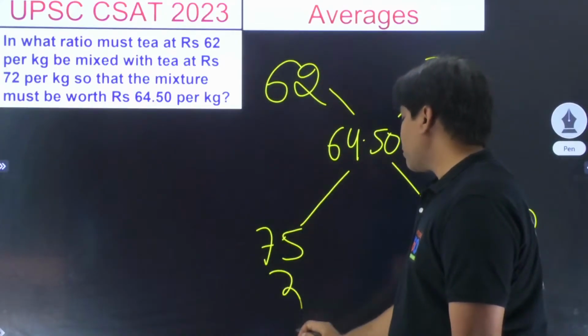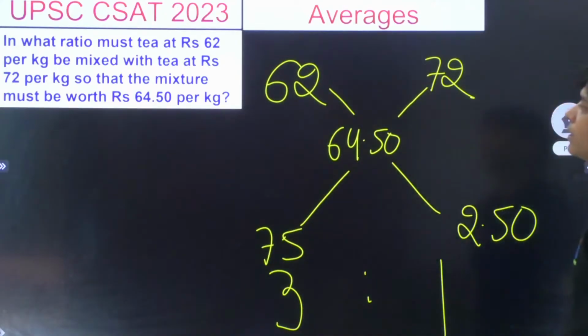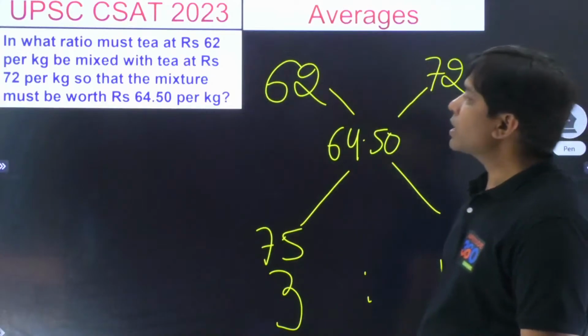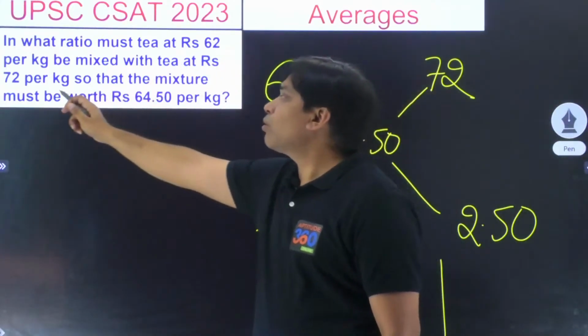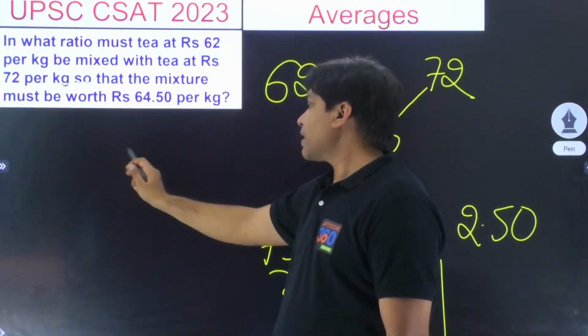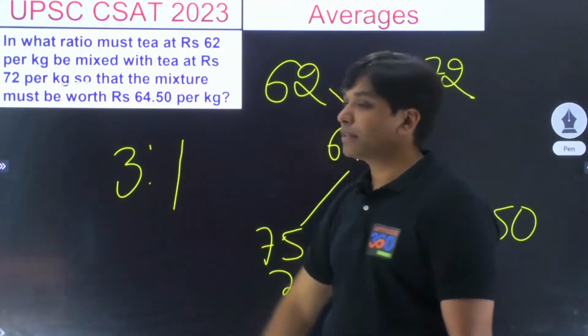So this is coming out as, this is 3 and this is 1. In what ratio? 62. वही है ना, देखो ऑर्डर के हिसाब से आप जाओ. So ऑर्डर के हिसाब से अगर आप गया तो this is 3:1.